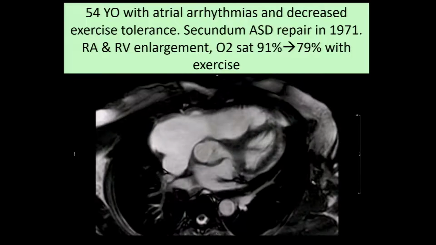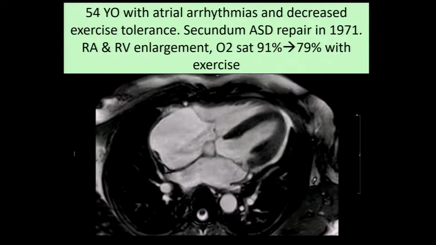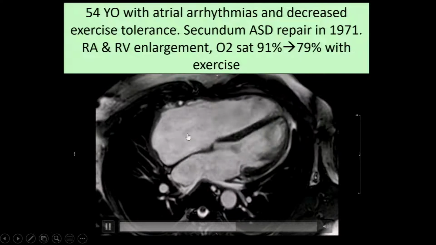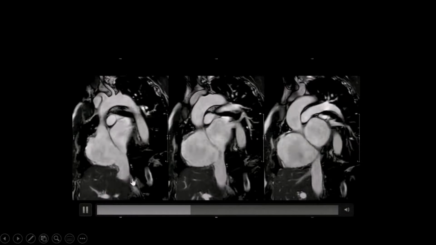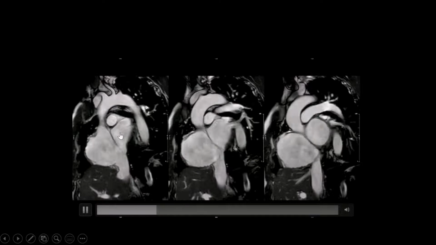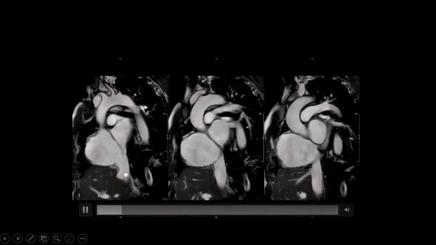So when that happens, you really need to investigate, and we do this routinely in our congenital scans. You need to look harder for the shunt. So to examine the atrial septum, we do oblique cuts across the septum, and I'll show you the result of this. And you can see here, this is the right atrium, the left atrium, the atrial septum, the liver here, the IVC coming in.